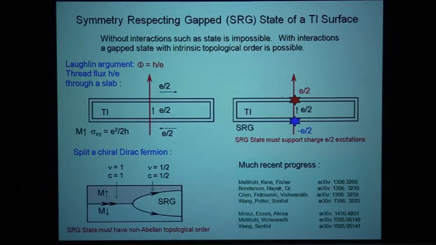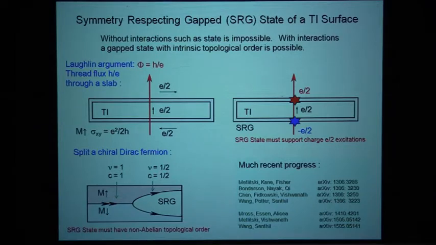Okay, and so then what I want to do is drill a little hole in the slab and thread a quantum of magnetic flux, just like in Laughlin's argument. And I want to think about what happens. Well, since the surface is a quantum Hall state, when you thread the flux, there's going to be a flow of current out the surface, which is going to be exactly a charge of e over 2 that has got to flow out the surface.